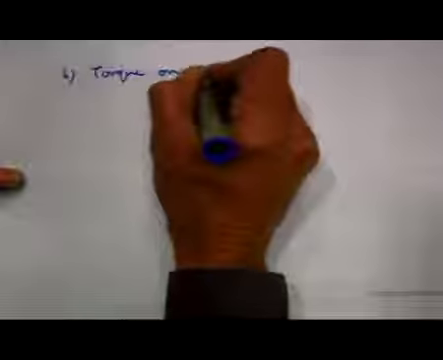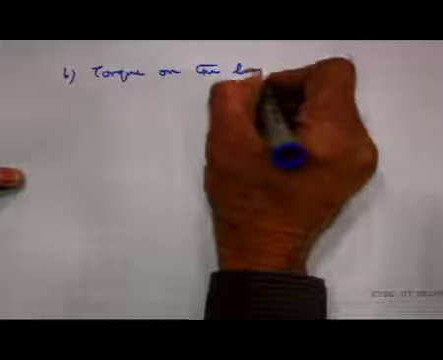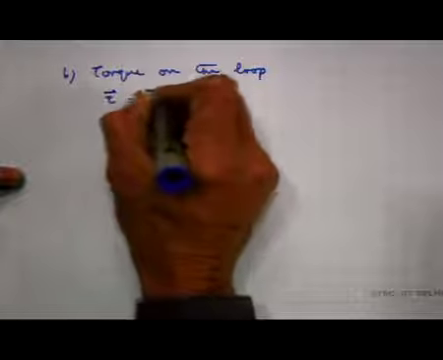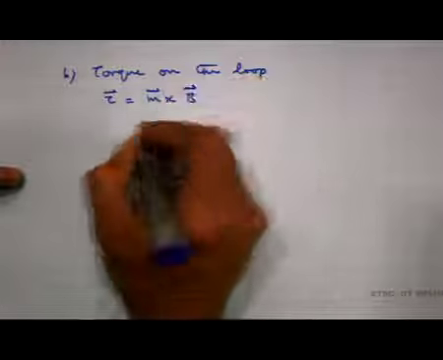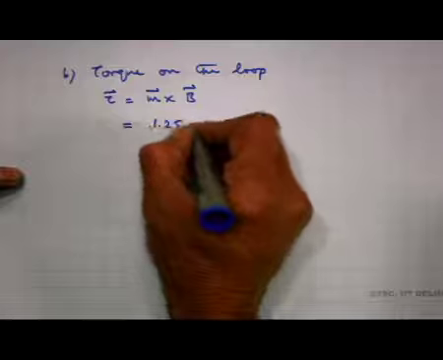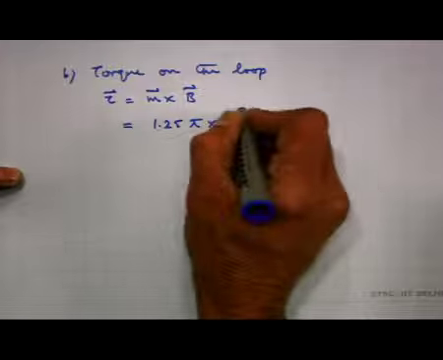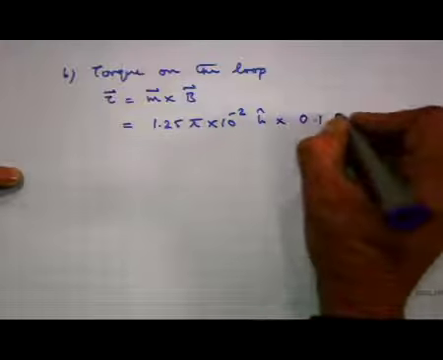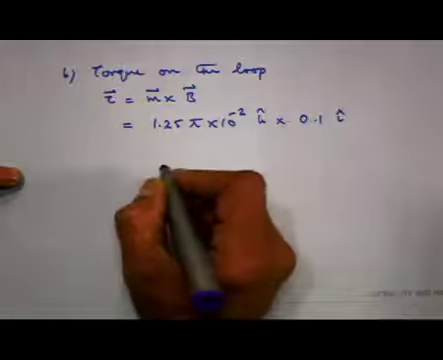Torque on the loop, tau, is equal to m cross b, which is equal to, we have just calculated m, 1.25 pi times 10 to the minus 2 k cap cross 0.1 i cap.